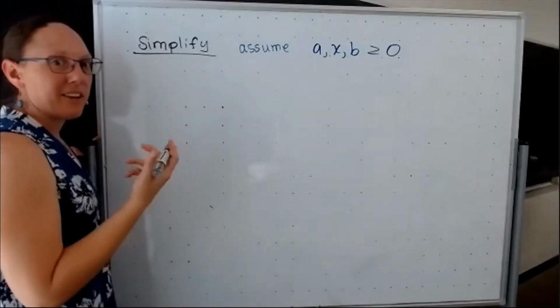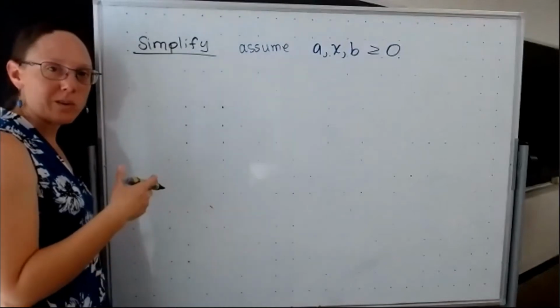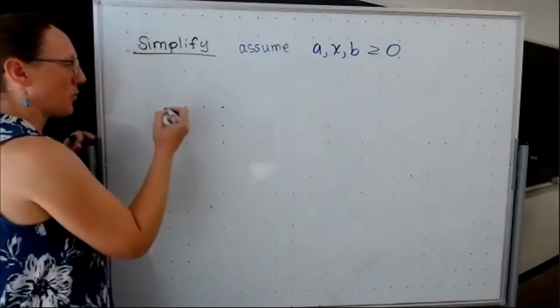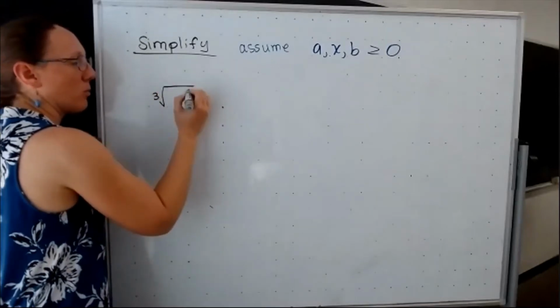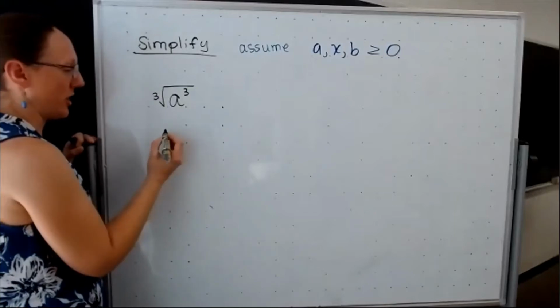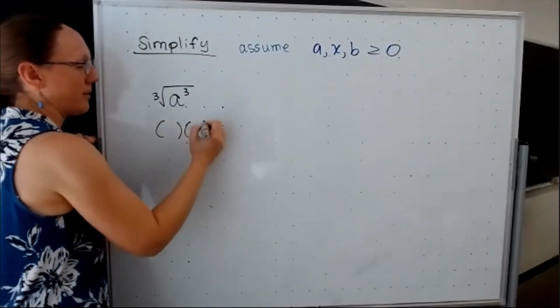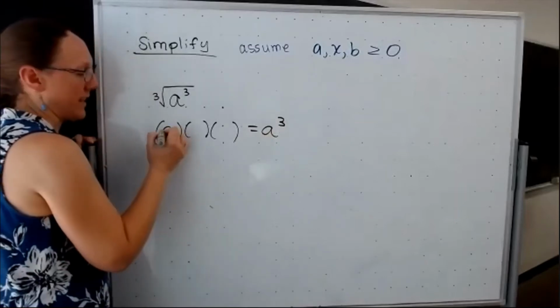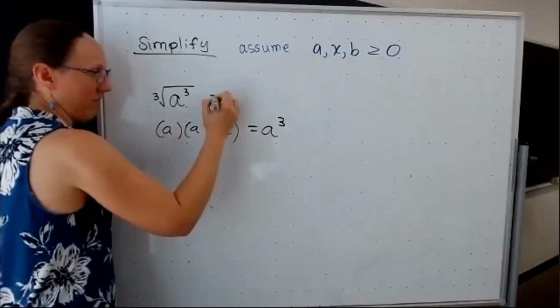So this same idea of simplifying with square roots also leads into cube roots. For example, if I asked for the cube root of a cubed, this is asking the question, what times itself 3 times is equal to a cubed? Well, that's a times a times a.